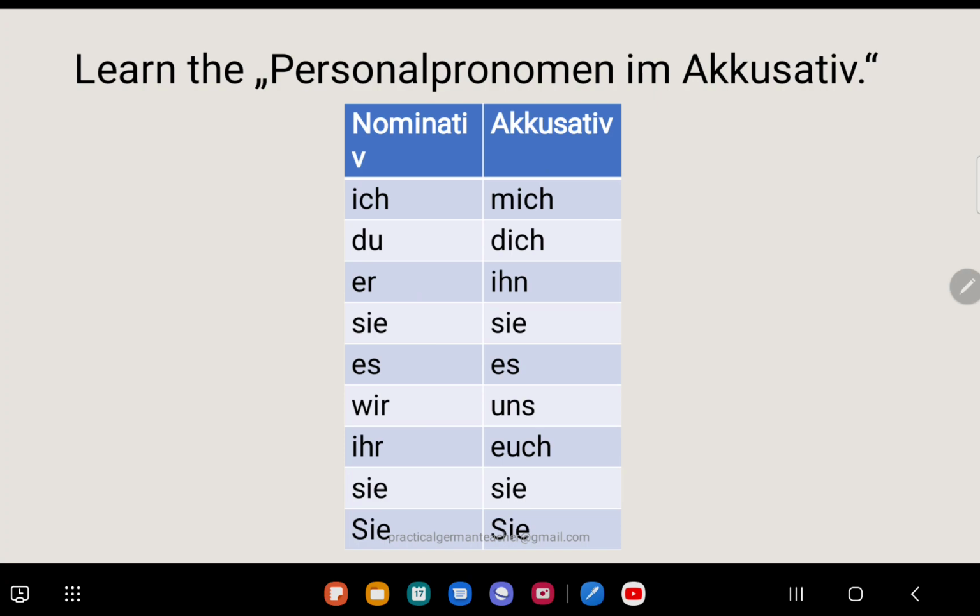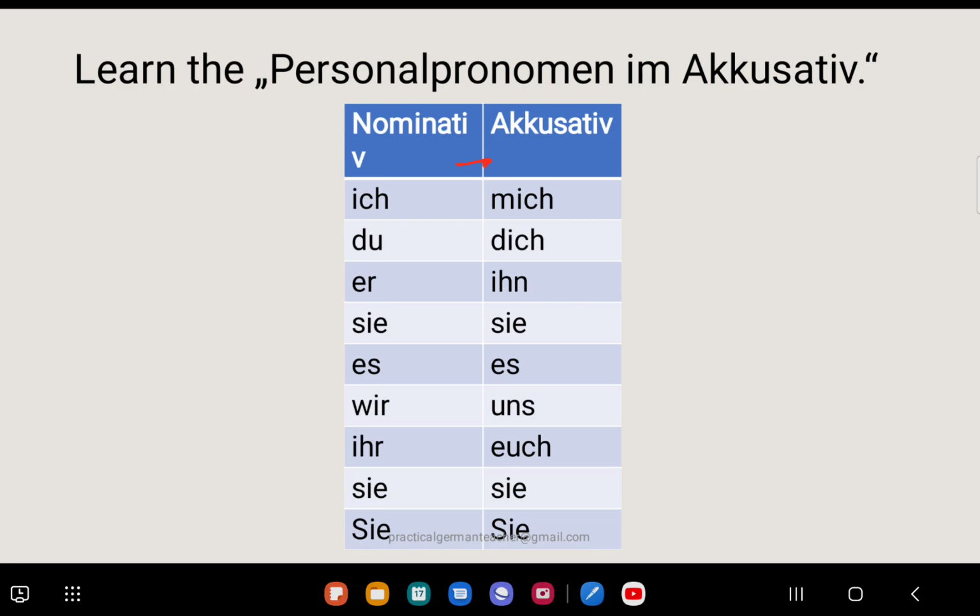Also, I just want to give you a trick. After two weeks you don't have to remember this table because it will be so obvious to you. You would have done so much homework that you don't have to think about what "ich" is in accusative or what "mich" is in nominative. But right now, if you learn this for the first time, there are very many ways to remember this table.